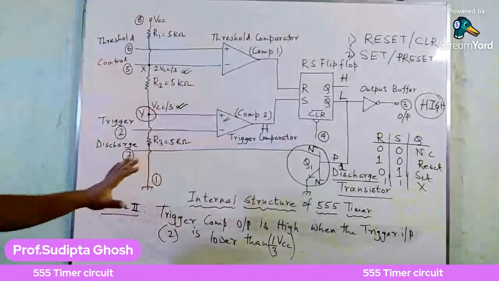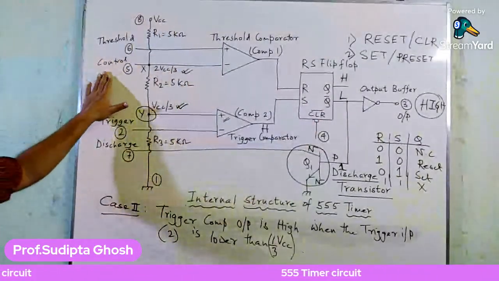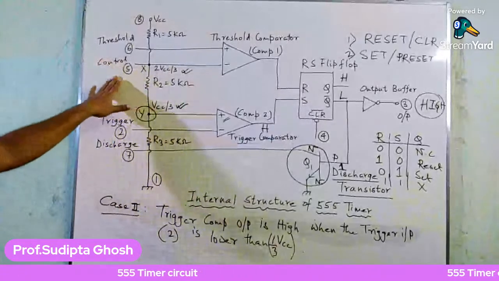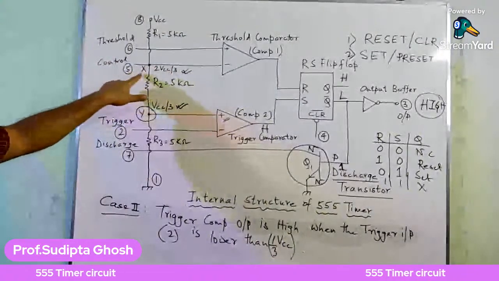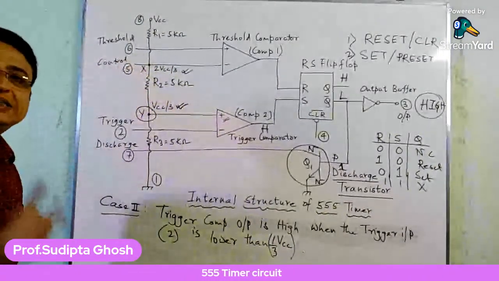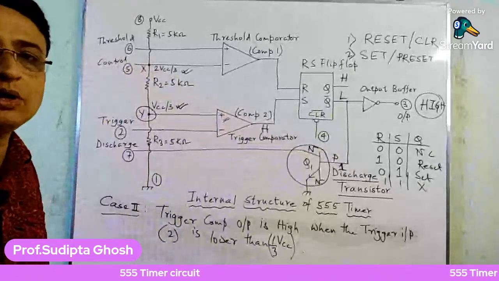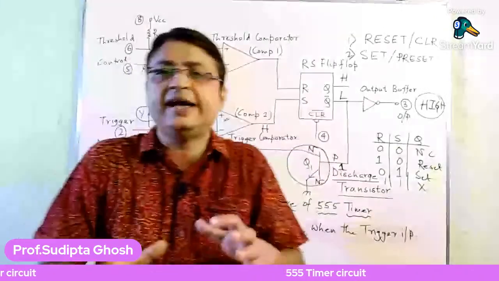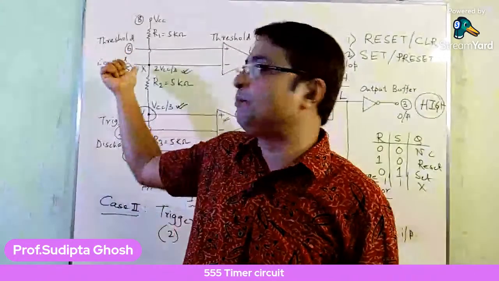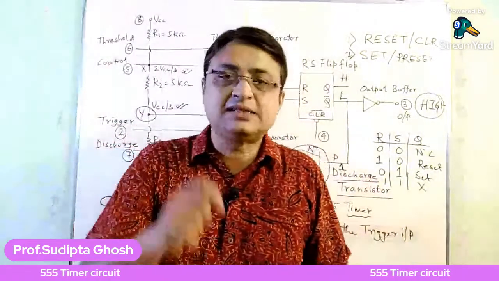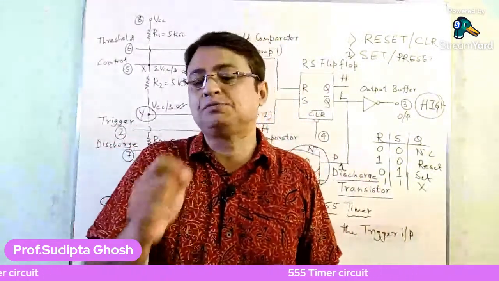Now let's move on to the control pin, that is pin number 5. By applying an external voltage at this particular pin, we can make a change to the value of the potential across X. But this change is very small.